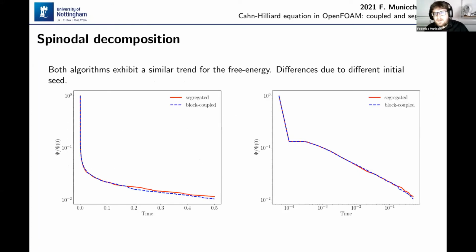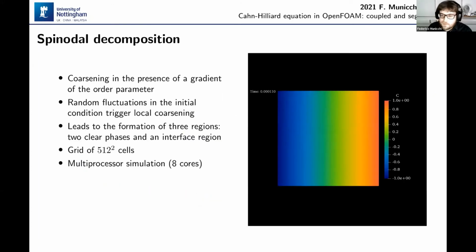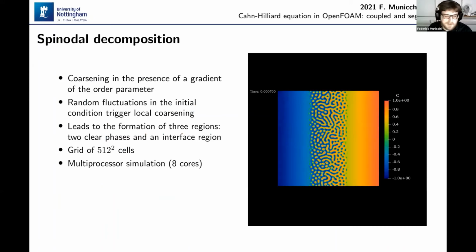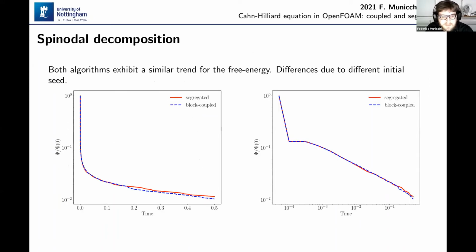Another thing that is interesting to see, other than the nice picture and the effects of this coarsening, is how the free energy behaves in the system. You see that at the very beginning, the free energy decays. Here there are no units, this is all dimensionless. The free energy decays very quickly, and then it starts decaying slowly, but you still have some regions where it decays very quickly.